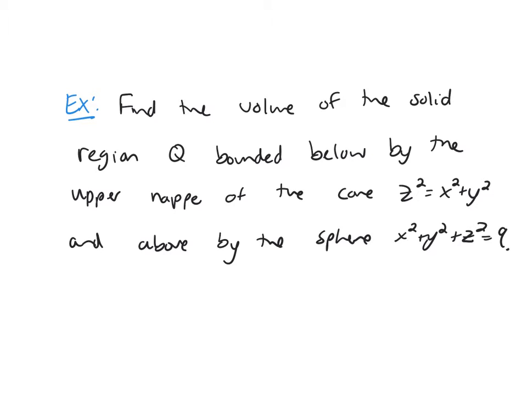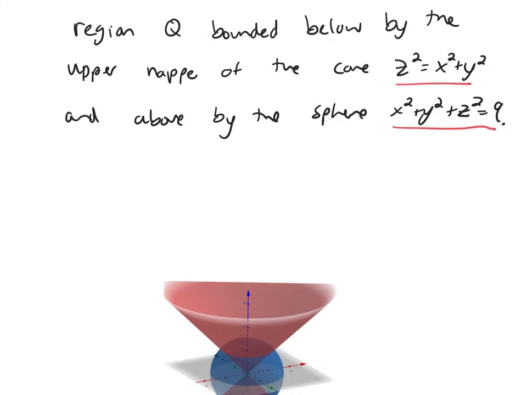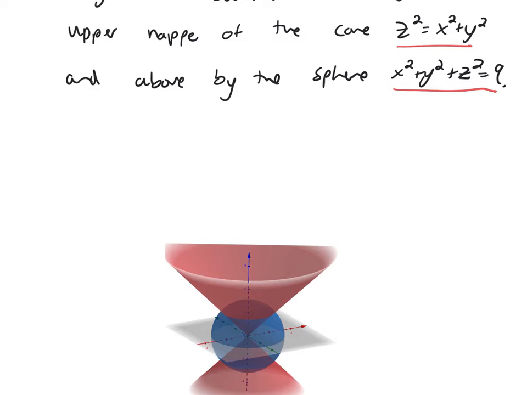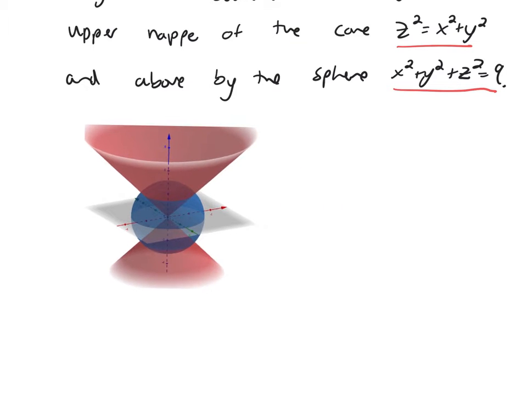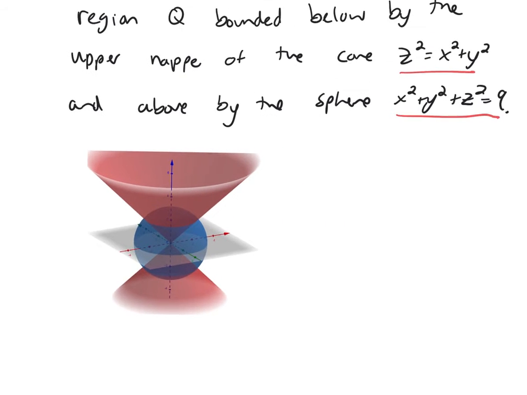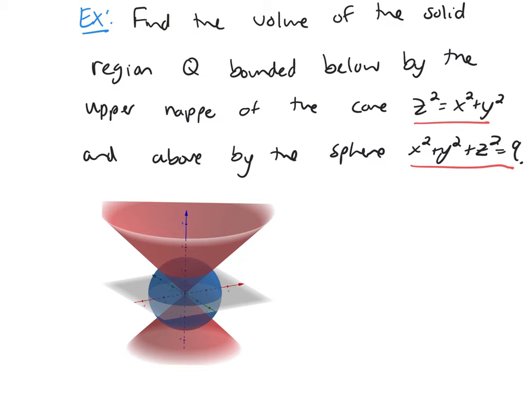So again, maybe we want to start by taking our two equations and graphing them. I've taken the liberty of doing that for us. Remember, a cone is made up of a top portion and a bottom portion. We're only looking at the upper portion, so this one here.